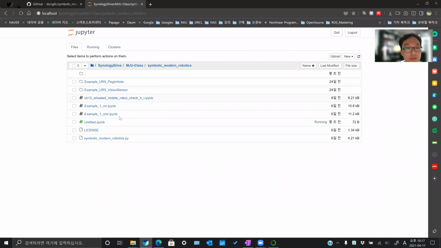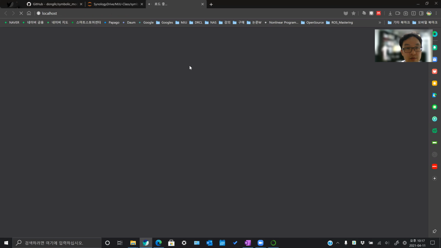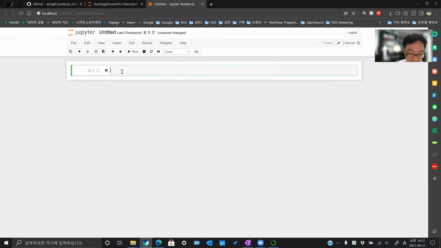Okay, let us think. Using the Python library, import symbolic modern robotics as SMR.